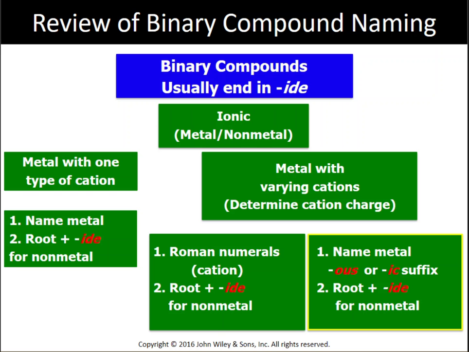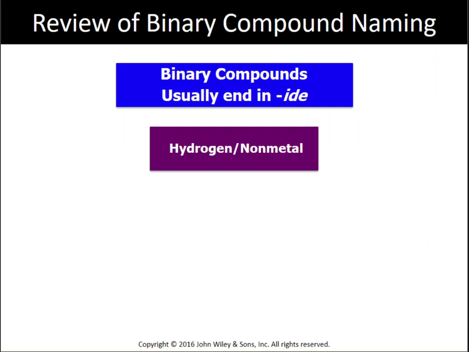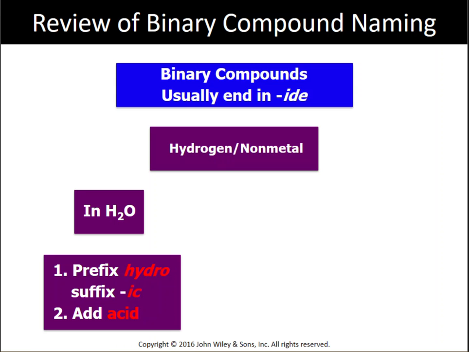Now there was another way of naming them, which we don't really need to know. We're just going to focus on the systematic naming. Now the last group of binary compounds are binary acids. If the formula starts with hydrogen and then is followed by a nonmetal, and it's in an aqueous form, meaning that there is water, it's going to be an acid.